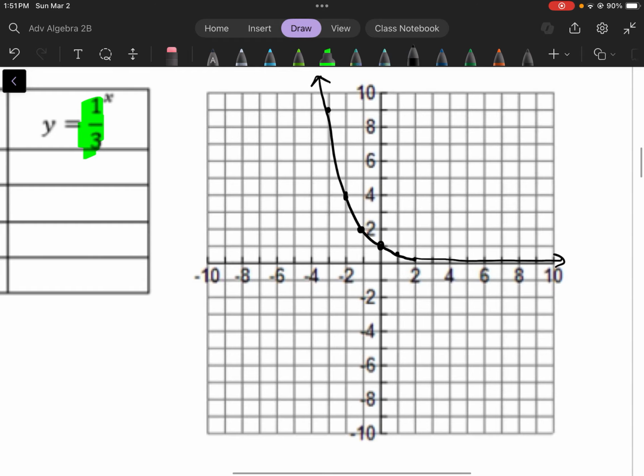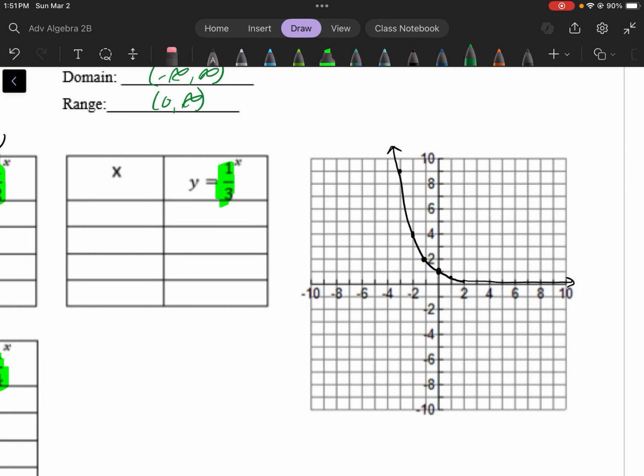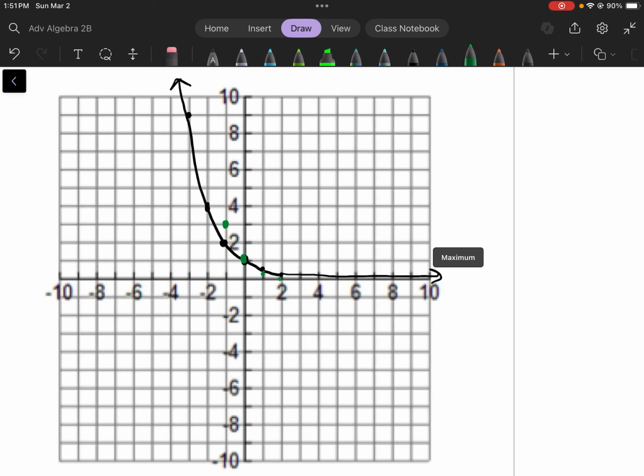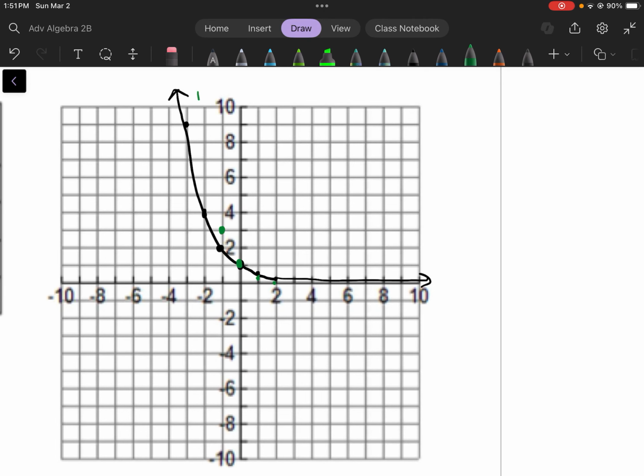And we could plug in numbers all day long to see if that is true. So for 1/3 raised to the x power, -1, 0, 1, and 2, you're going to get 3, 1, 1/3, and 1/9, which is going to look like -1, 3, 0, 1, 1, 1/3, and 1/9 is teeny tiny, very close to that x-axis.